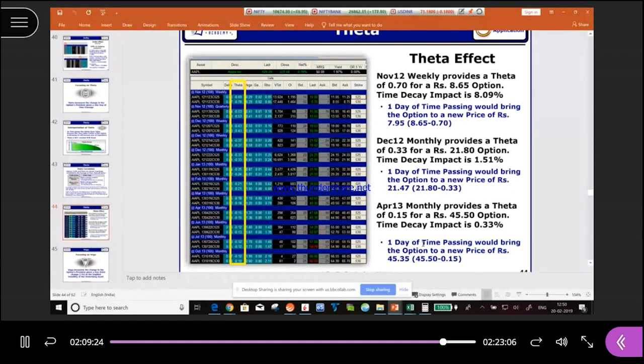Theta impact on far month is lesser than near month, Murugan. You are saying the opposite.